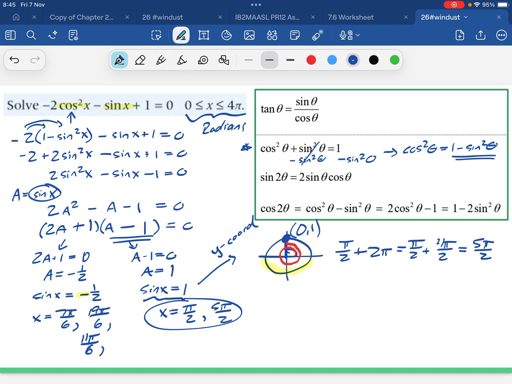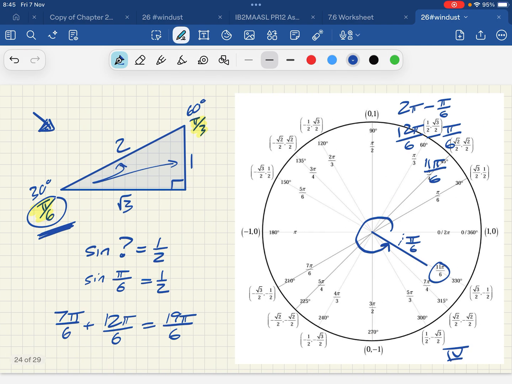Am I done yet? Of course not. There's still one more, because remember, it goes all the way up to 4 pi. So I could keep this going, okay, and I could rotate around another 2 pi. So I would have to take that 11 pi over 6 and add another 2 pi to that. And 2 pi I would write as 12 pi over 6.